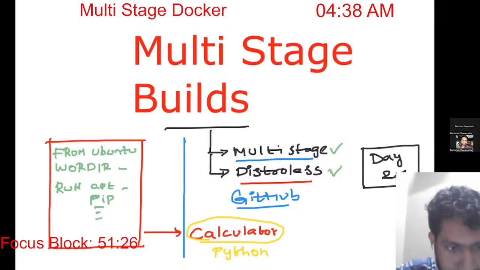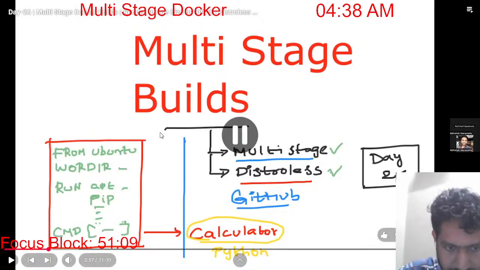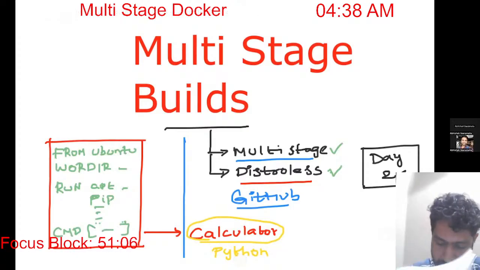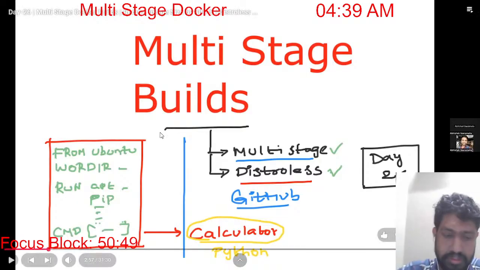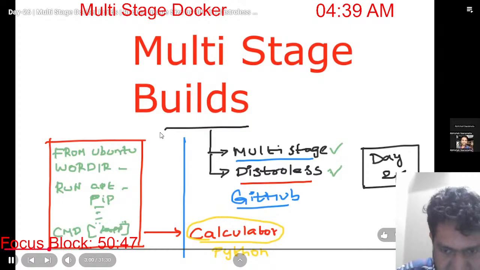And then finally, once this binary is built, I'll try to build this egg file or PYC file or something, and then I'll execute that as part of the CMD. So these will be the steps on a very high level.